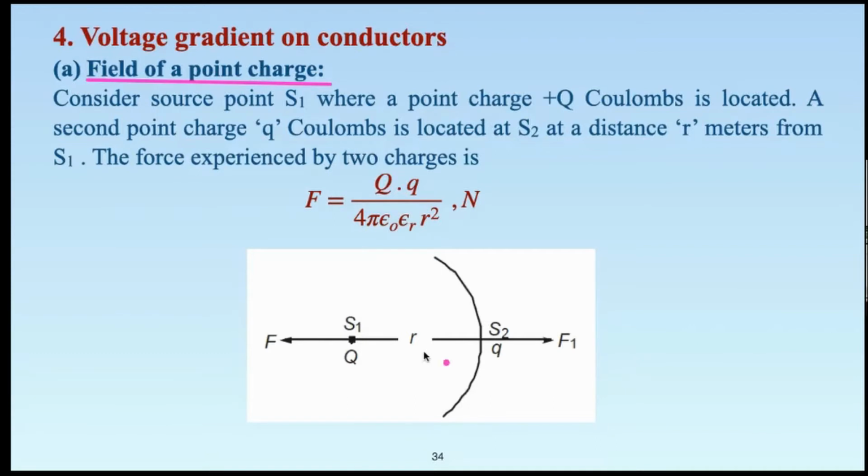The force as given by Coulomb's law can be written as F is equal to Q into q upon 4 pi epsilon 0 epsilon r r square, right? So force is directly proportional to the product of charges, inversely proportional to the square of distance, and the unit is newtons. Here, the purpose of expressing Coulomb's law for this charge configuration is to arrive at the electric field.